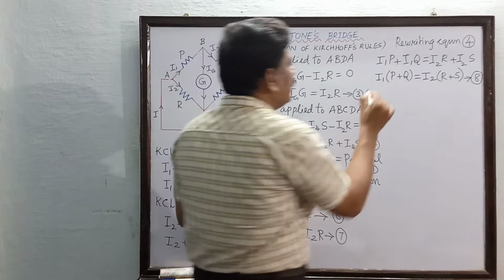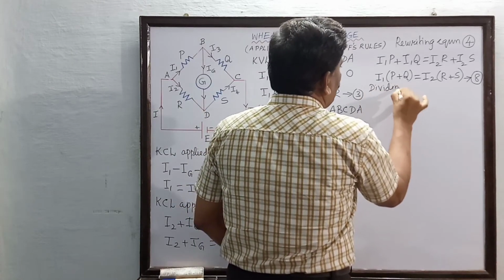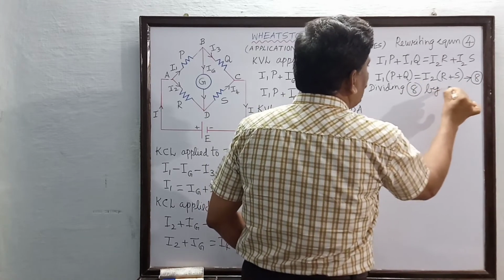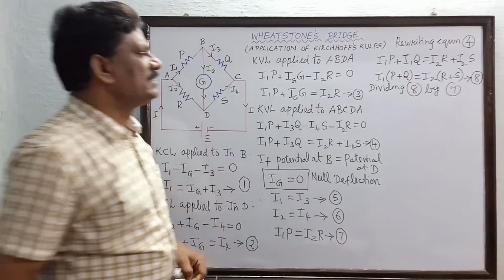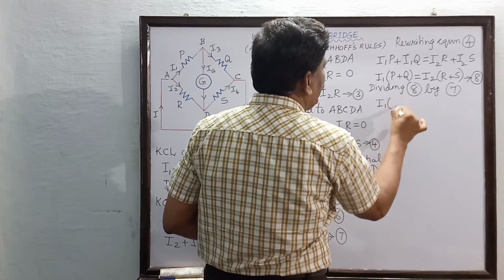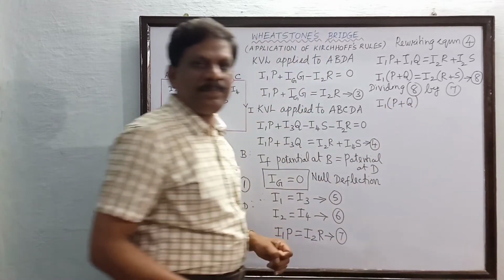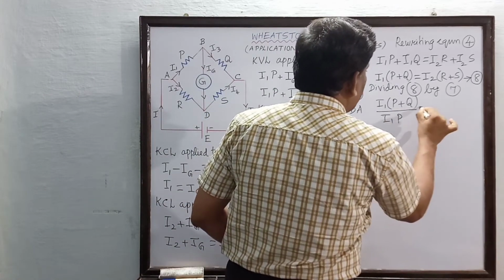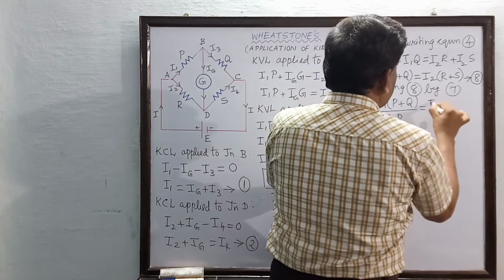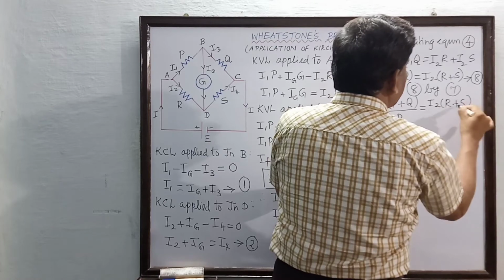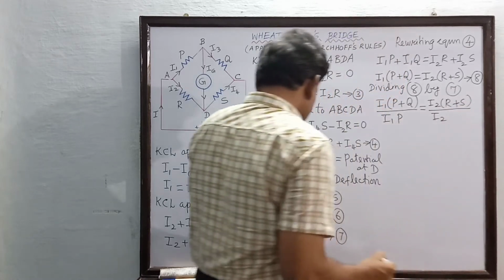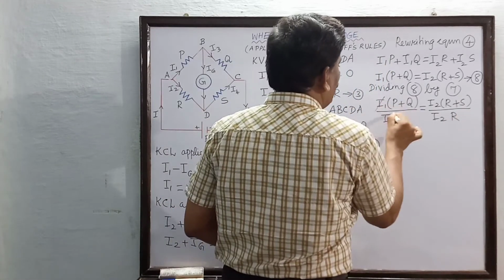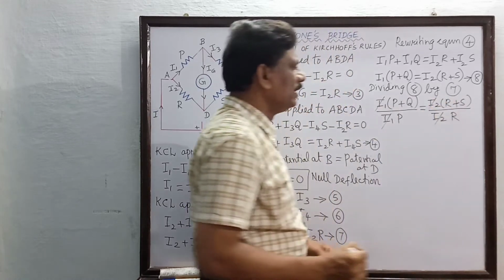Dividing equation 8 by equation 7. On the left hand side of equation 8, we have I1 into P plus Q. On the left hand side of equation 7, I1 into P. On the right hand side, it is I2 into R plus S divided by I2 into R. We can cancel I1 and I1 on the left hand side, I2 and I2 on the right hand side.